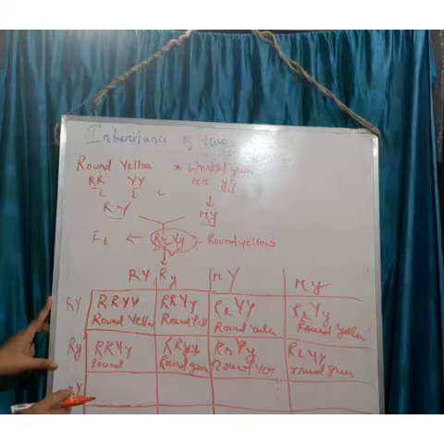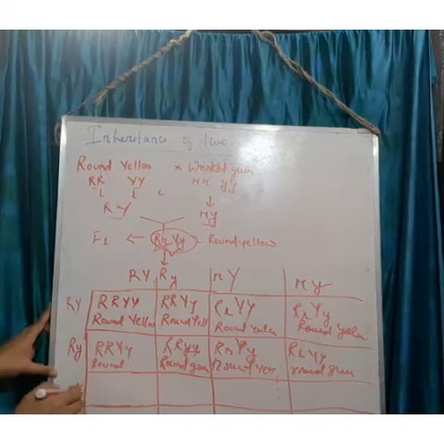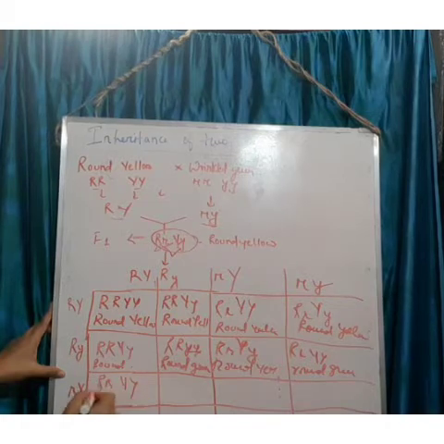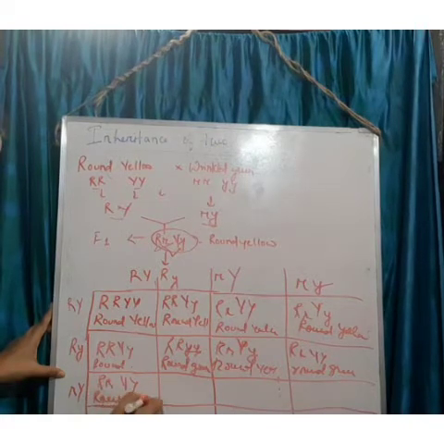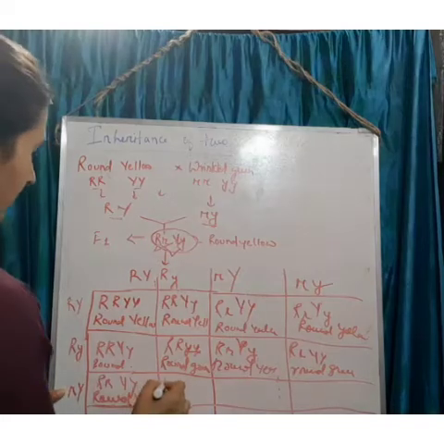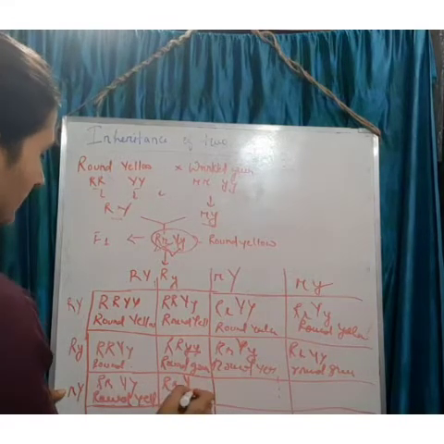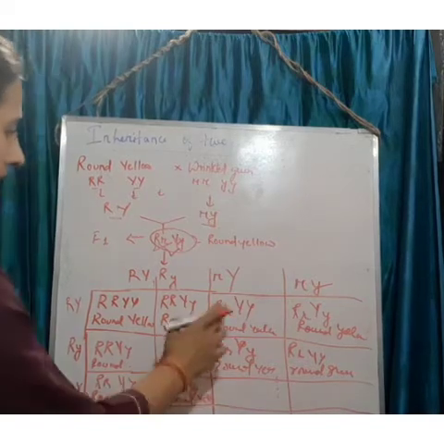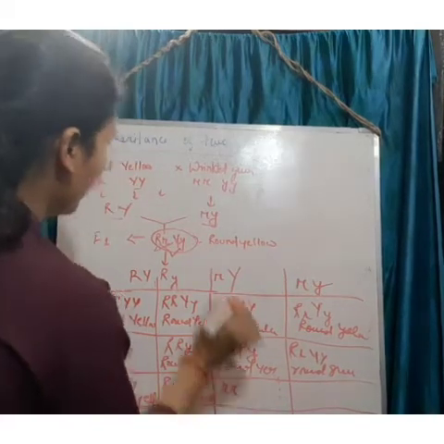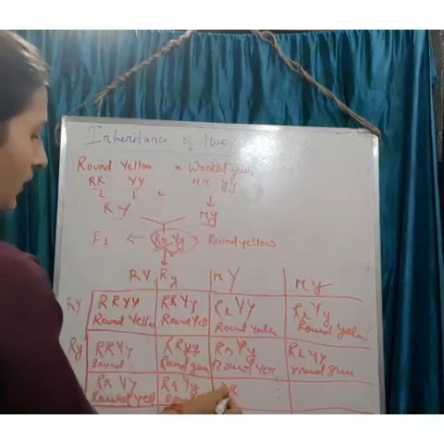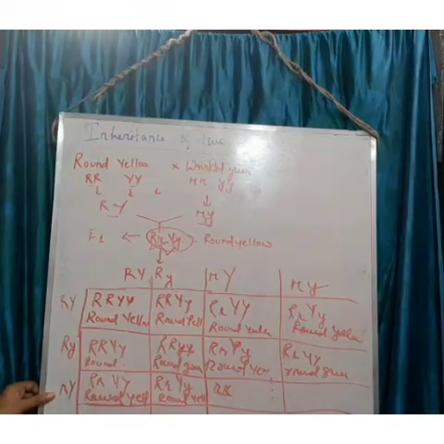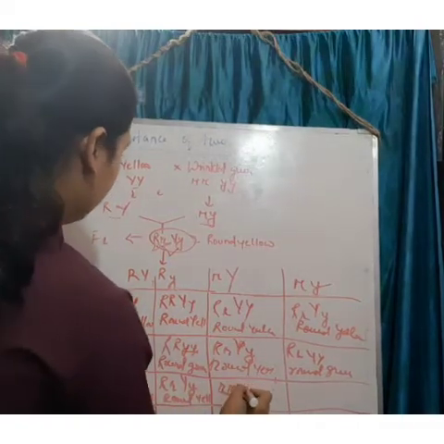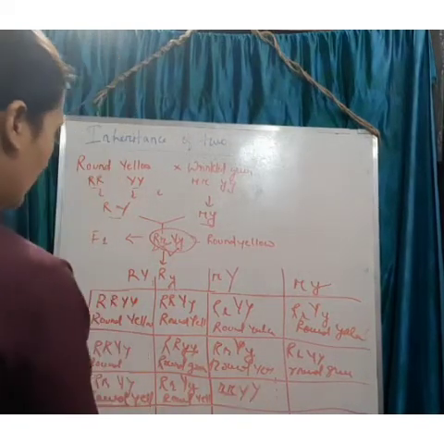Then, I hope you all can see this. Then comes round yellow. Then again round yellow. And here wrinkled, see, both came small letter, and yellow, right?